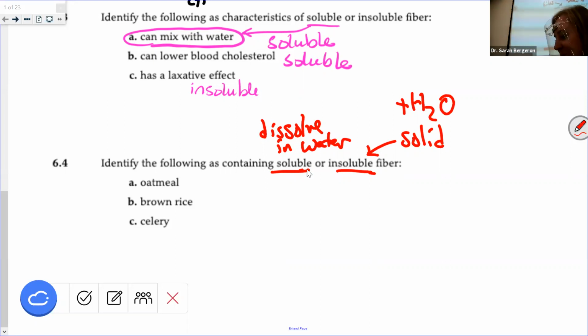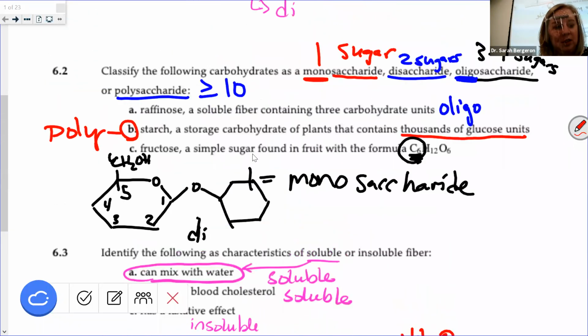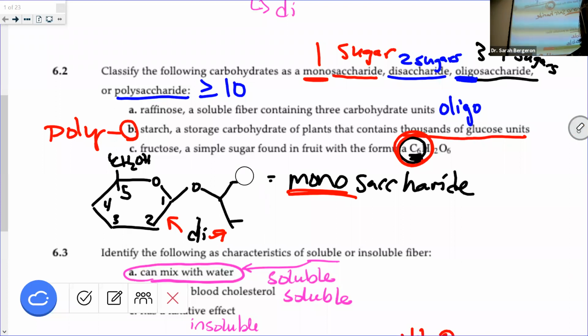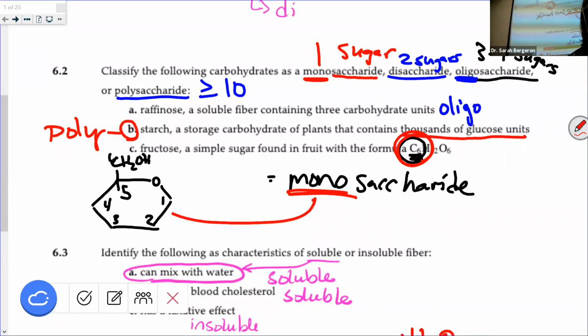Okay, oatmeal. Ashley asked, why do you only have one sugar? For C, 6.2? Oh, because C6 is a monosaccharide. This is a disaccharide, but if I erase one of these sugar units, this is C6H12, and so that is a monosaccharide.